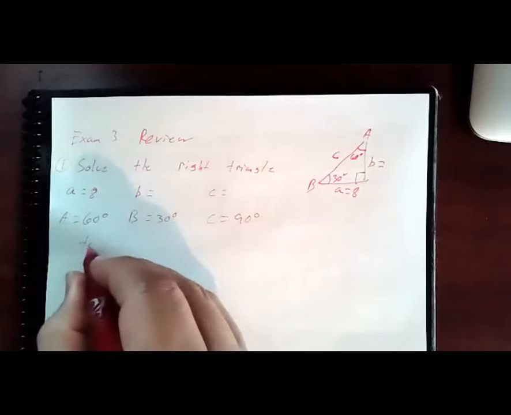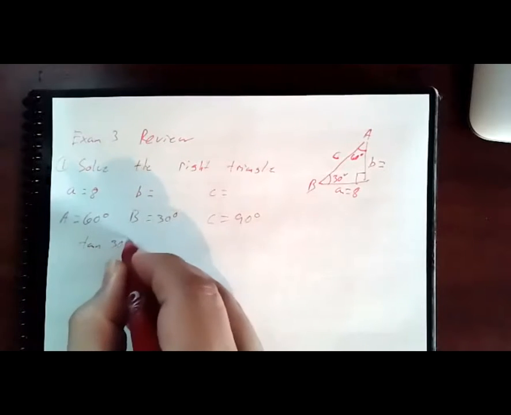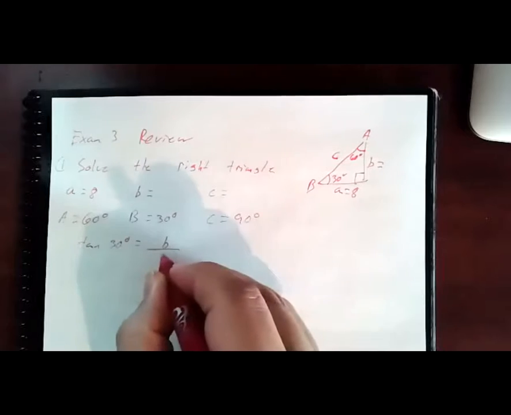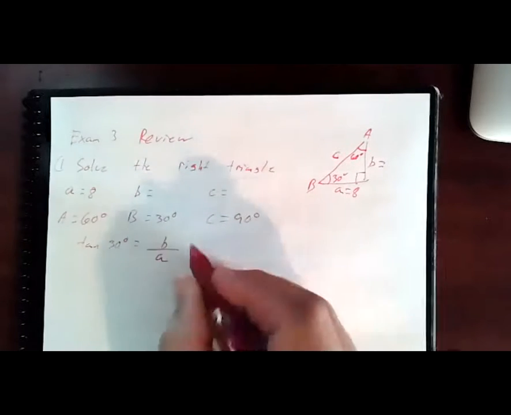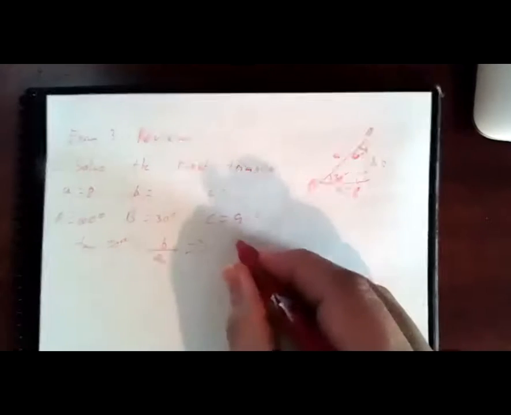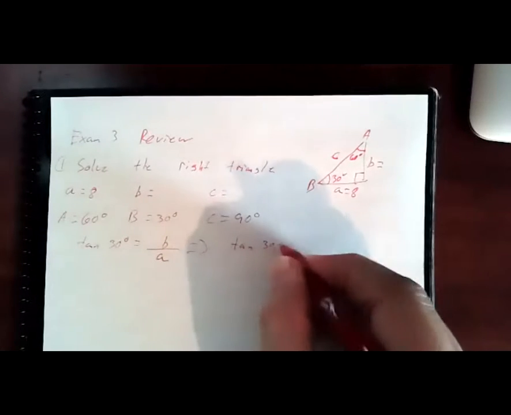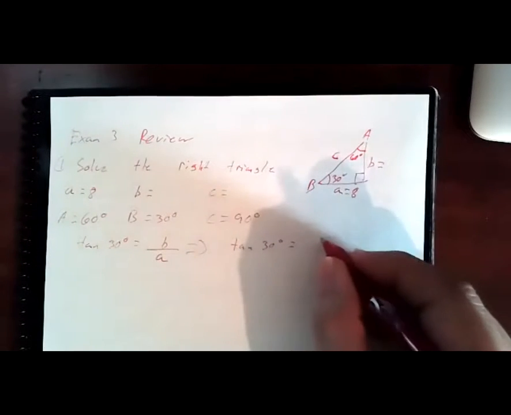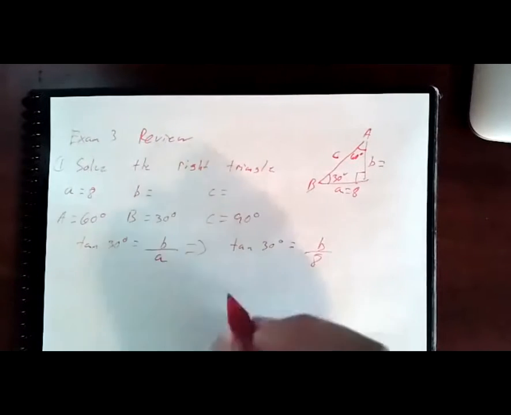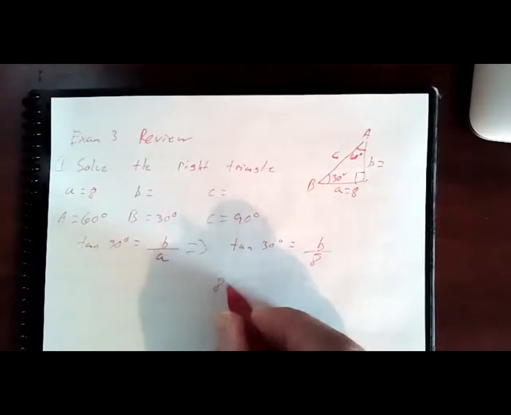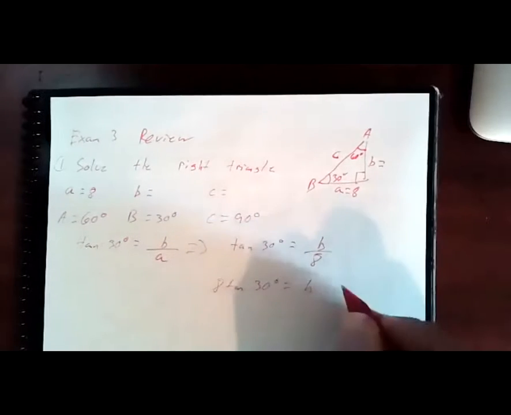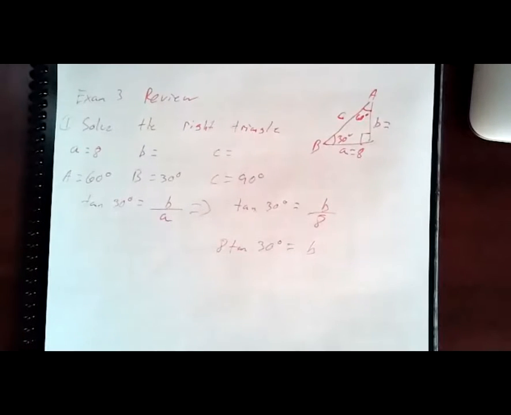So tangent of 30 degrees would be equal to the opposite over adjacent, right? So that means tangent 30 is equal to b over 8. Multiply both sides by 8. It gives us tangent of 30 times 8 equal to b. So at this point, plug it into your calculator.